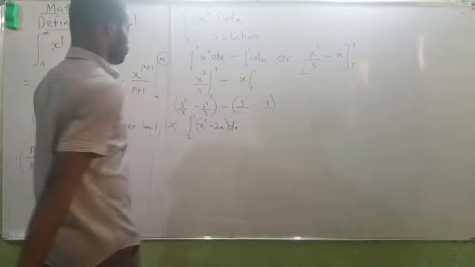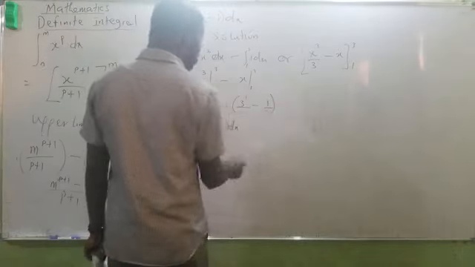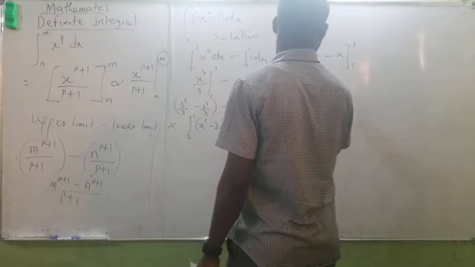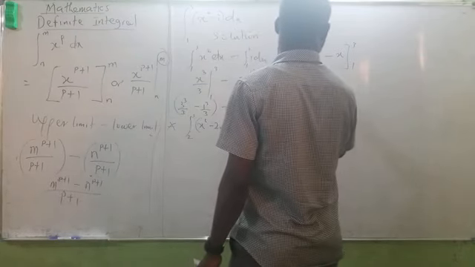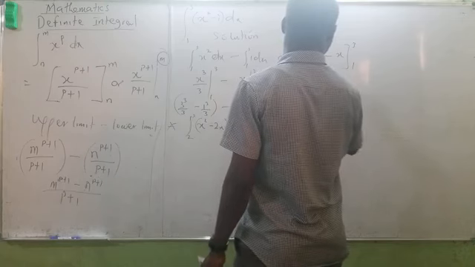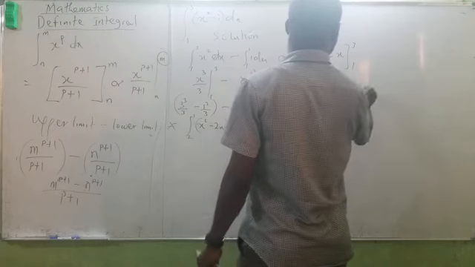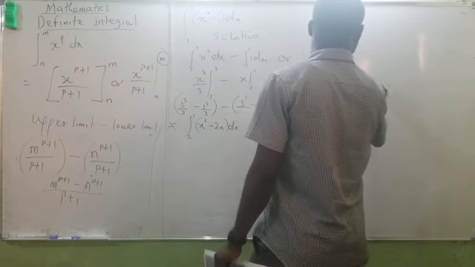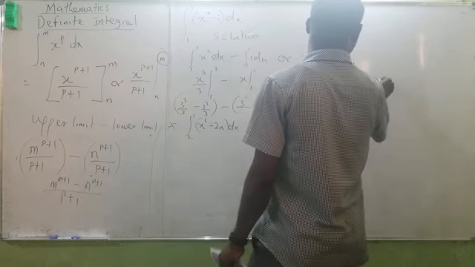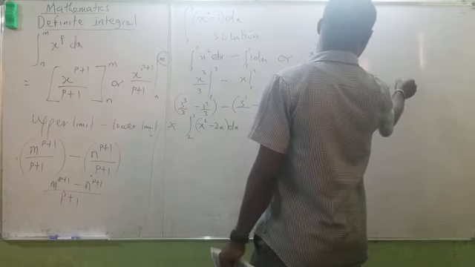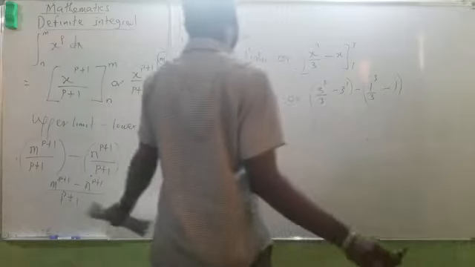Can you see? That is it. Or you have 3 raised to power 3 all over 3 minus 3, minus 1 raised to power 3 all over 3 minus 1. Now, either of the two.